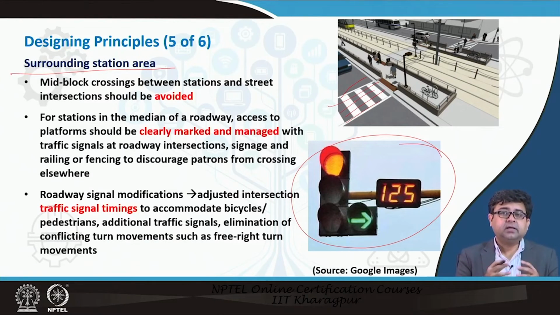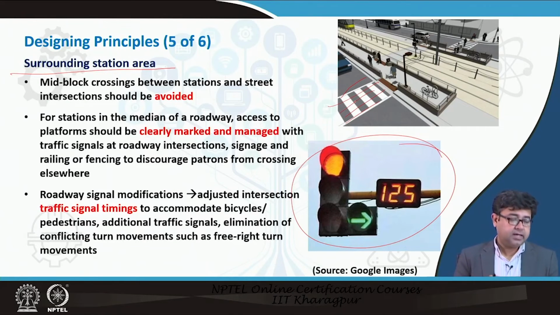So rather, you take it into your jurisdiction itself, say that okay, a 100-meter radius around my station perimeter is my jurisdiction, and I will design everything within that jurisdiction, and safely take my user from the station building, from the station area, to the urban transportation network of the city.